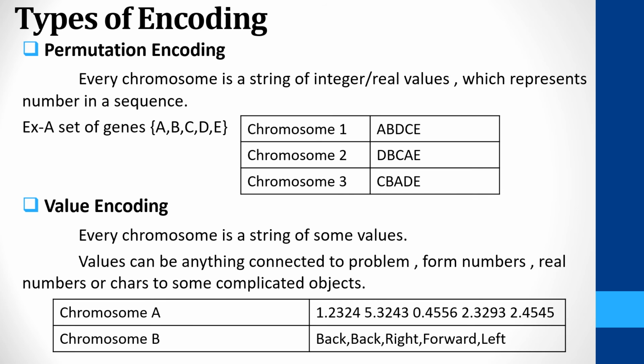Some simple examples are chromosome A, 3.3245, which is a real number value, and chromosome 2, where words are included. Value encoding is useful for certain specific problems such as determining the weights needed in a neural network architecture, and frequently this encoding will require some unique crossover and mutation methods specific to the particular values used in the problem.